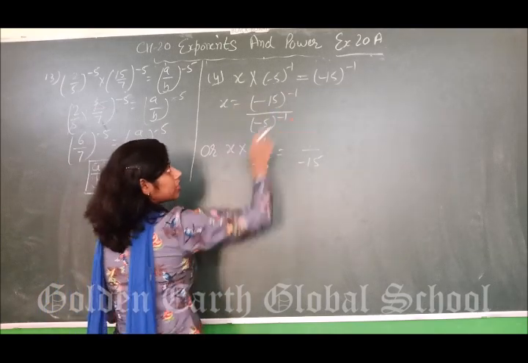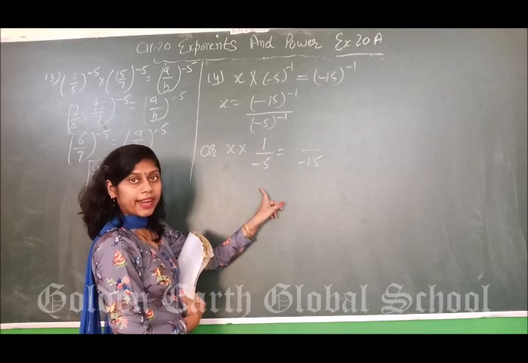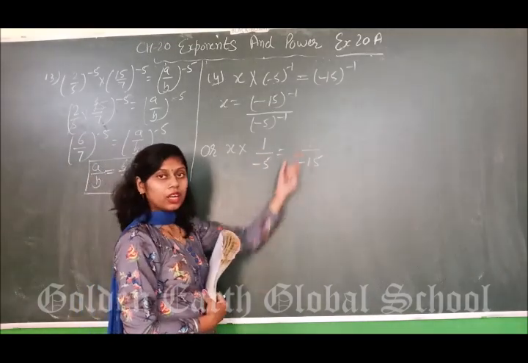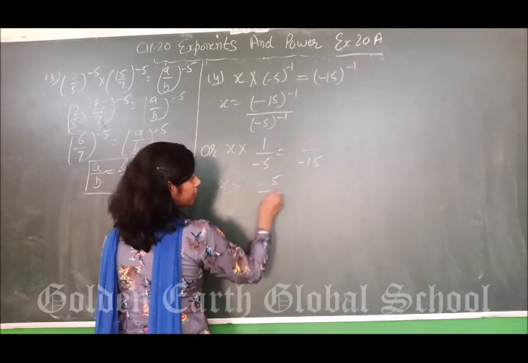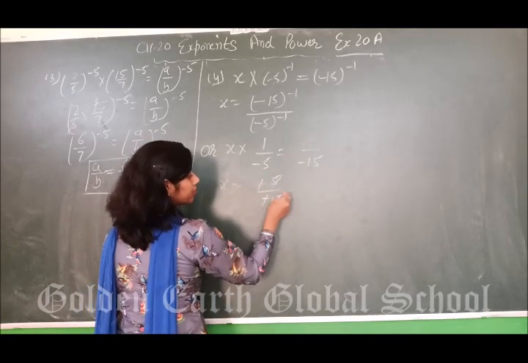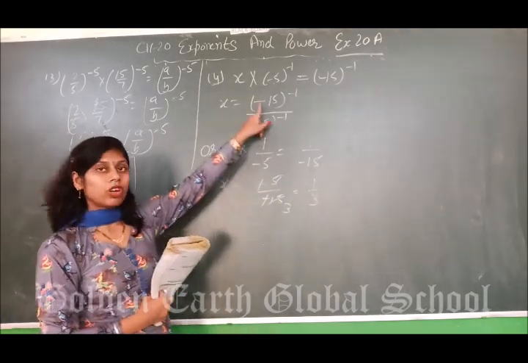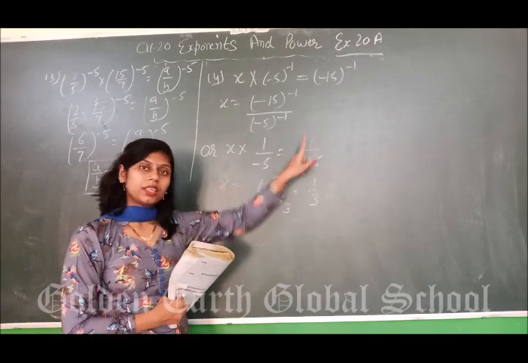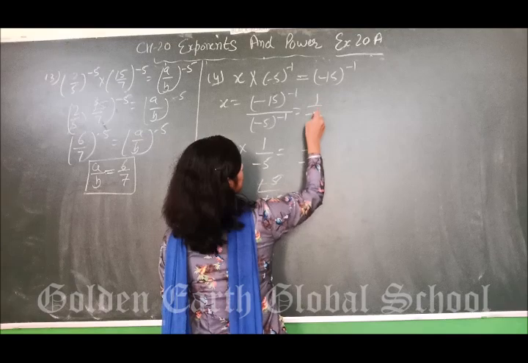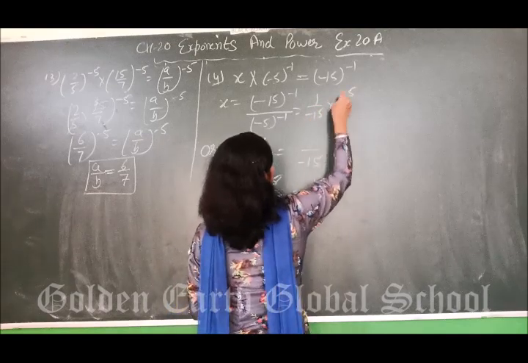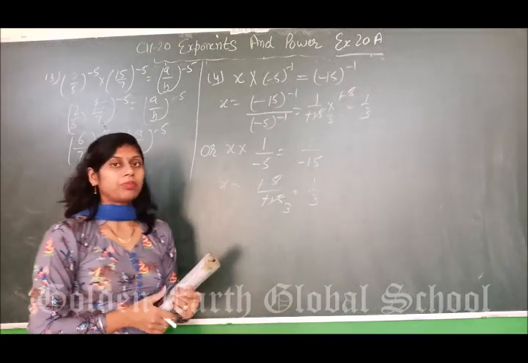Either directly shift the term to the denominator on the right hand side, or you firstly take the reciprocal and then cross multiply. 5 will shift to this side, minus 5 by minus 15, minus will be cancelled, 5 3s are 15. So answer is 1 by 3. If you solve it here like this, then answer will be same. Again here you can take the reciprocal, minus 1 by 15, minus 1 by 9. So answer will be plus 1 by 3.